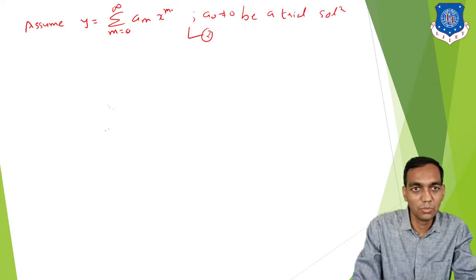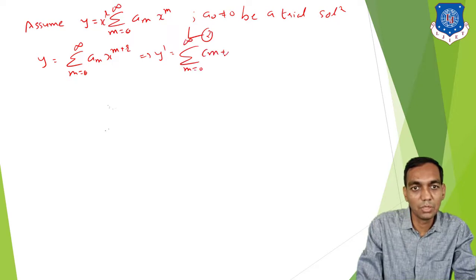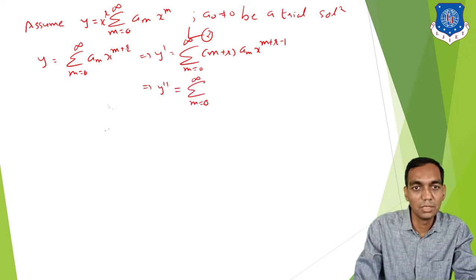That will give you y is equal to sigma m running from 0 to infinity am x raised to m plus r, and y dash is sigma m running from 0 to infinity m plus r am x raised to m plus r minus 1, and y double dash will be sigma m running from 0 to infinity m plus r minus 1 into m plus r am x raised to m plus r minus 2.